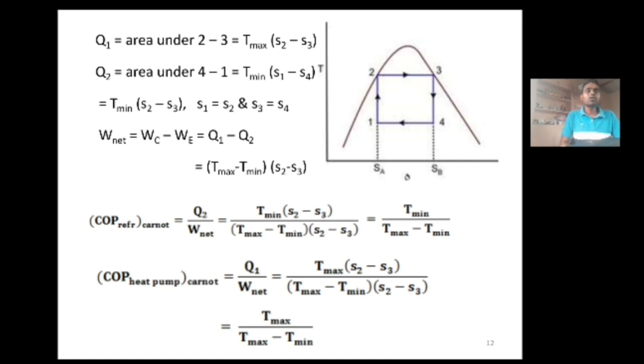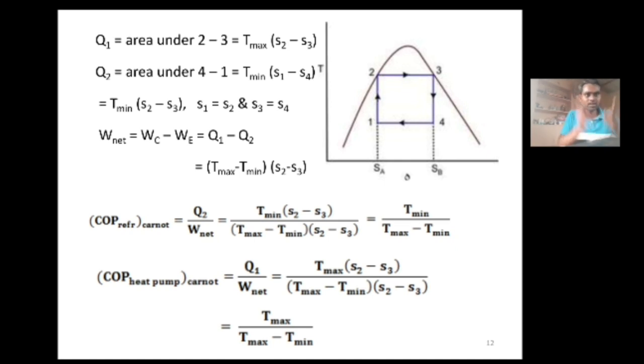Now just observe here how COP has a relation with TL and TH. That is what I want to convey. T minimum means the evaporator temperature, and T maximum means the condenser temperature.